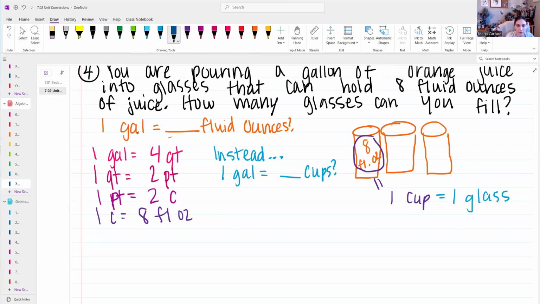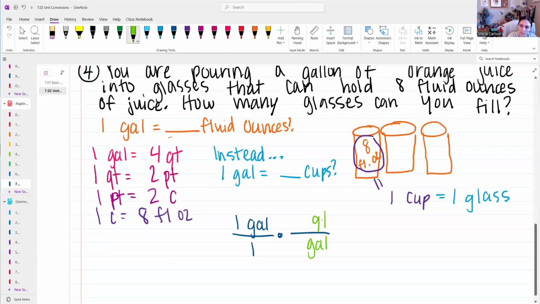We're starting with 1 gallon here. So 1 gallon over 1. And now my goal is to try to have the gallons cancel out. So I'm going to convert gallons into quarts first. Gallons will go on the bottom and quarts will go on top. There are 4 quarts in 1 gallon.